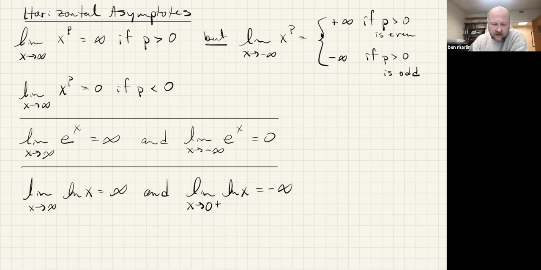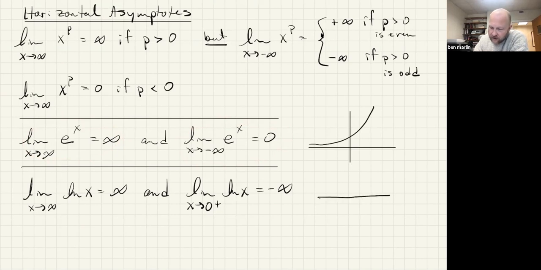Okay. Similarly, we have limits going on with exponentials. Your exponential graph looks somewhat like this. I'm not attempting to make a very sophisticated graph, but that's roughly what an exponential graph looks like. So off to the right, it goes to infinity. To the left, it goes to minus infinity.